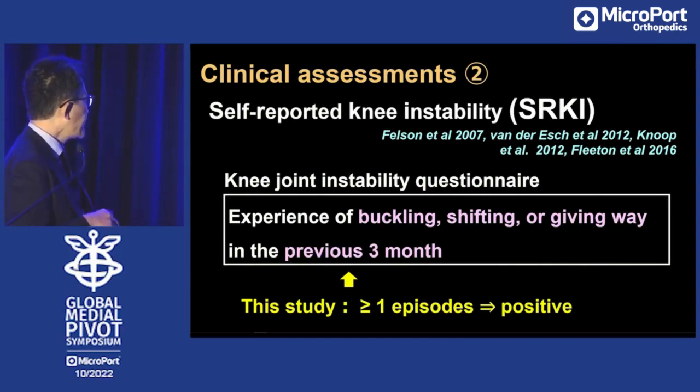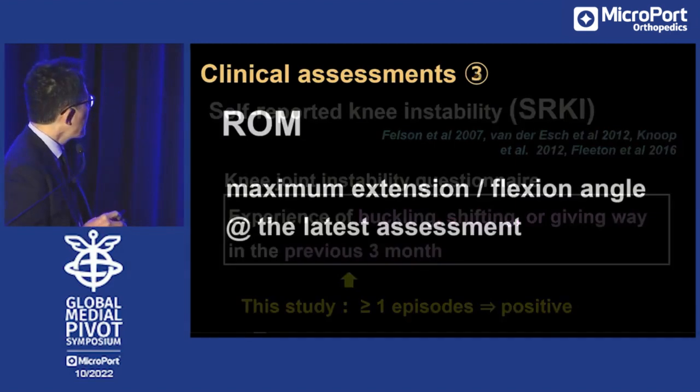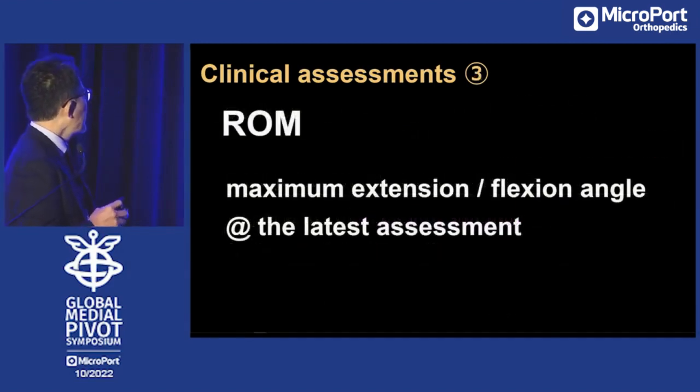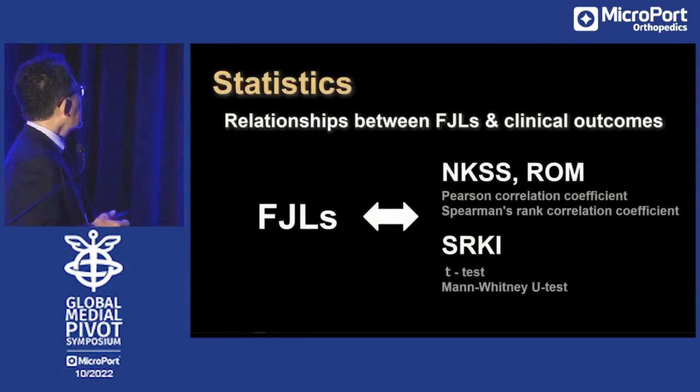In this study, we categorized one or more episodes as positive. We evaluated the maximum extension and the flexion angle at the latest assessment. And the relationship between FJLs and those clinical outcomes was statistically analyzed by use of the method described on this slide.